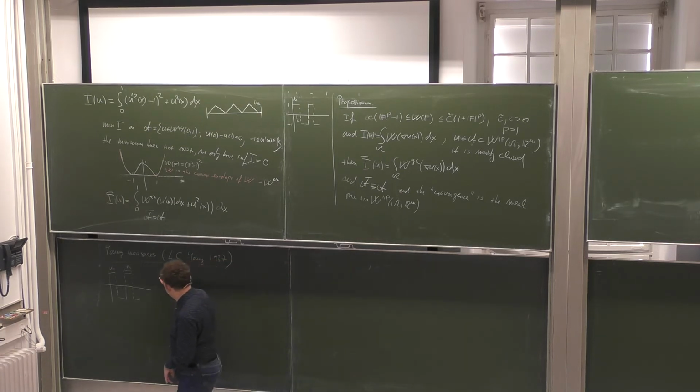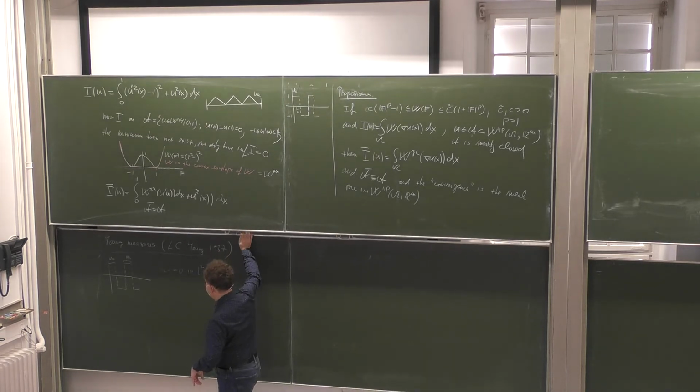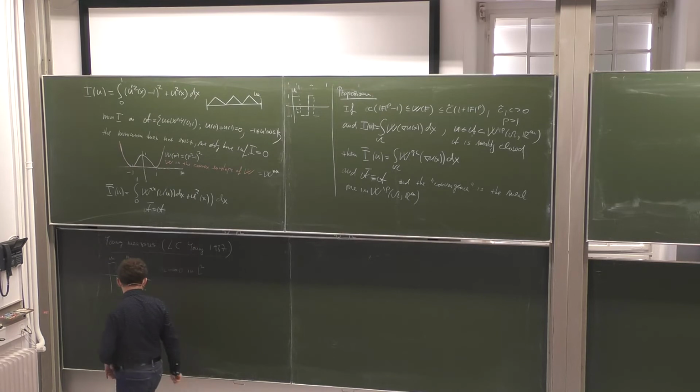So u_k goes weakly to 0, in L2 for example, if you want. And it doesn't carry much information. So for example, if I take a modulus, we already know that u_k doesn't go to the modulus of 0.